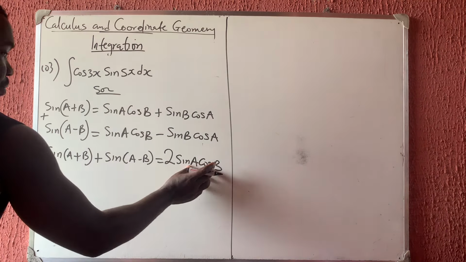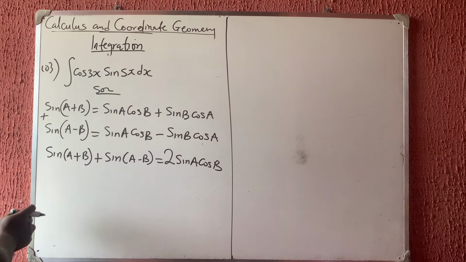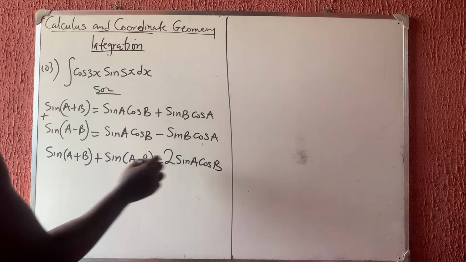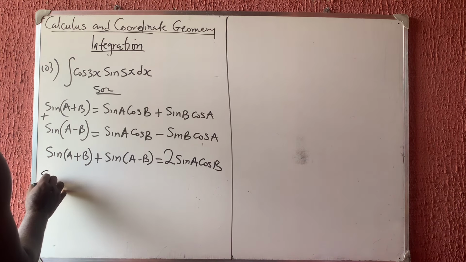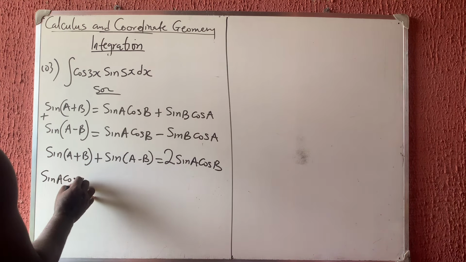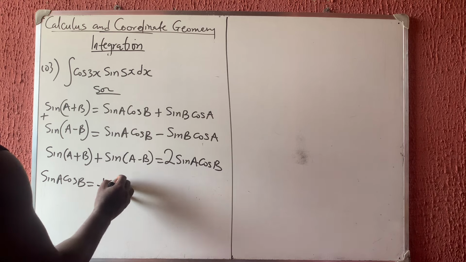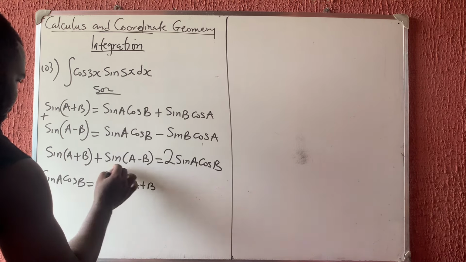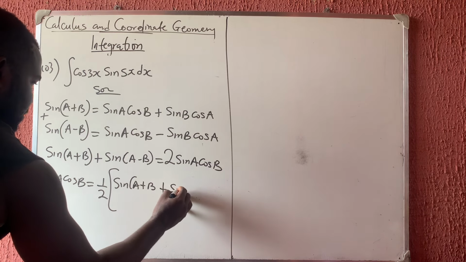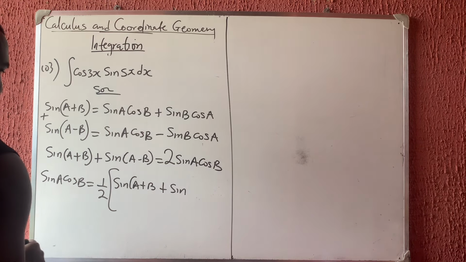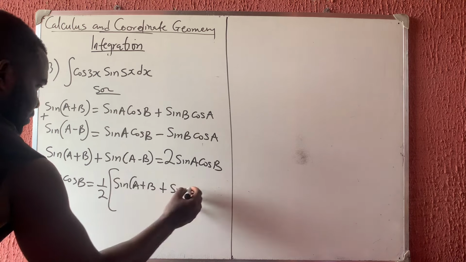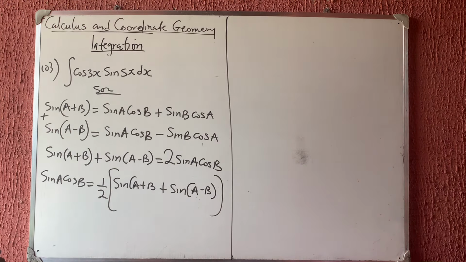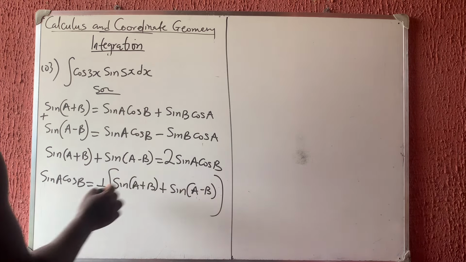If I want to make this the subject, the 2 comes down, so sin a cos b is equal to 1 over 2 times [sin(a + b) + sin(a - b)]. So that is that.